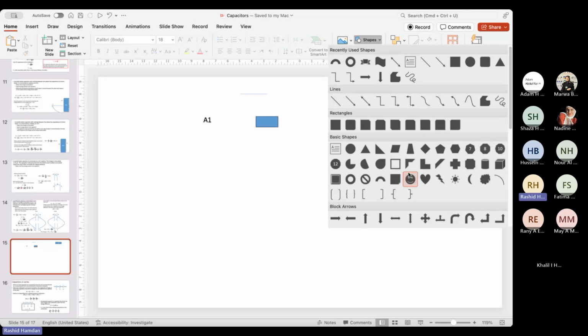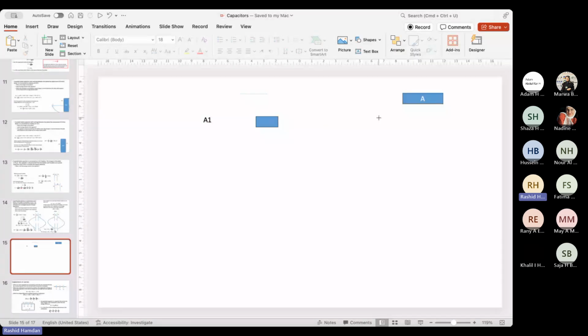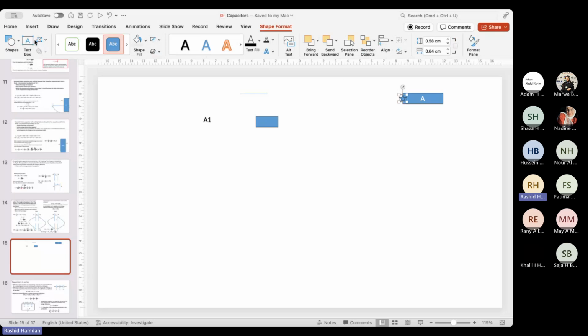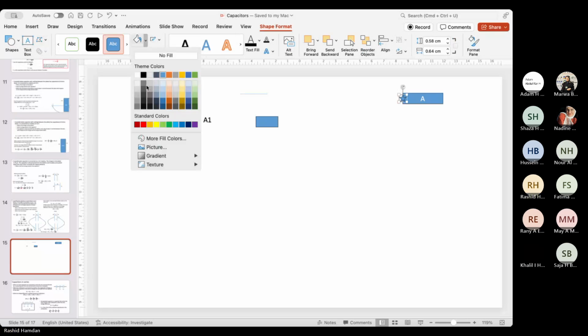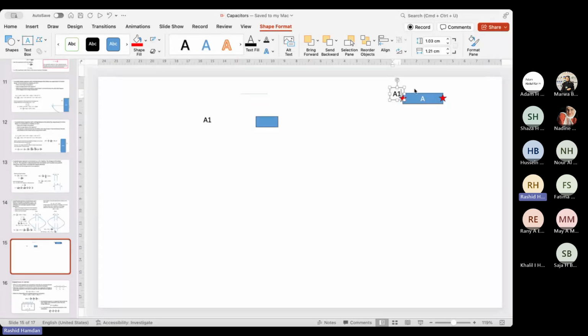So it has terminal A1, where I can connect it to the outside if you want, and terminal A2, where I can connect it to the outside as well. So I can call those A1 and A2.